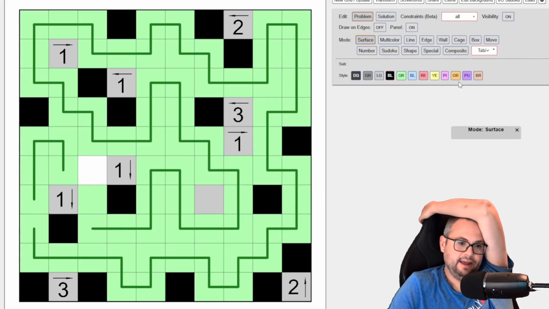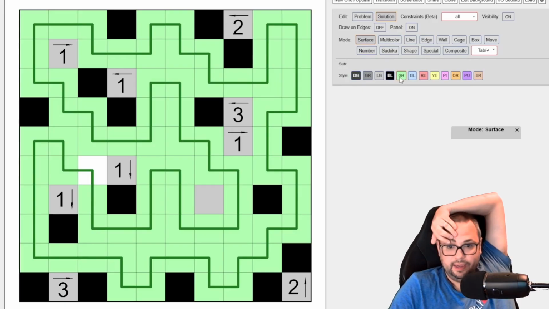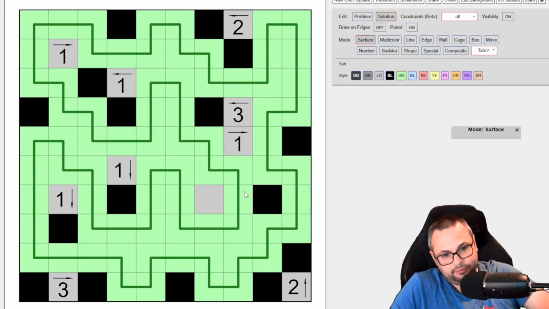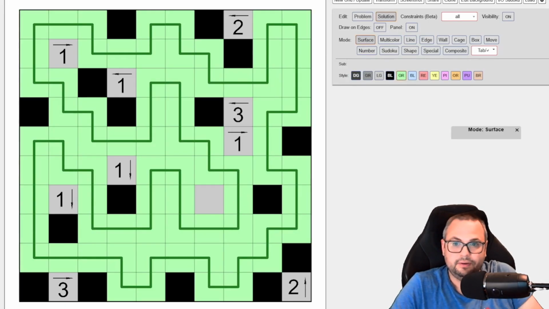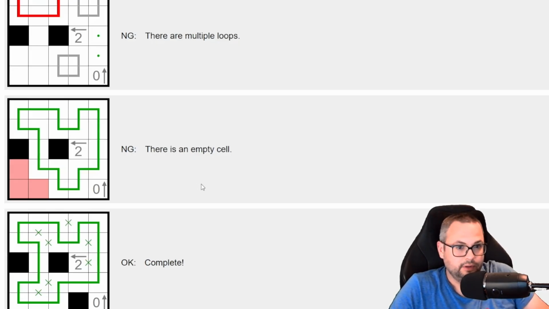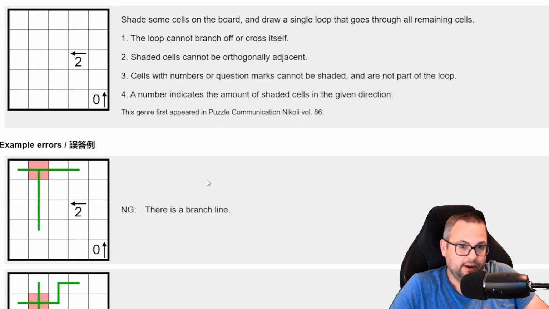So I think that's actually still legitimate as a thing. The only thing is we have this clue here. Now, if you do look at the rules, we are allowed to have question marks.